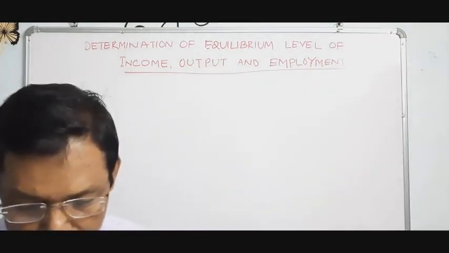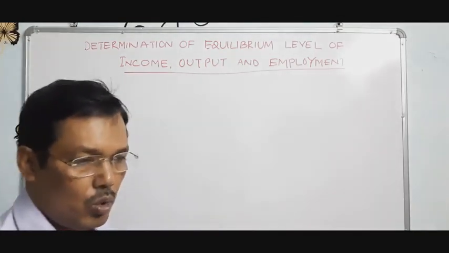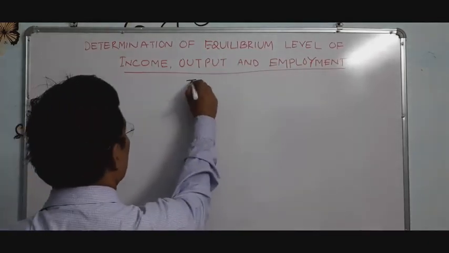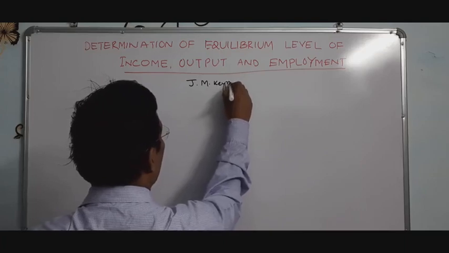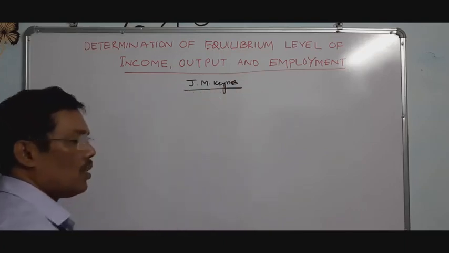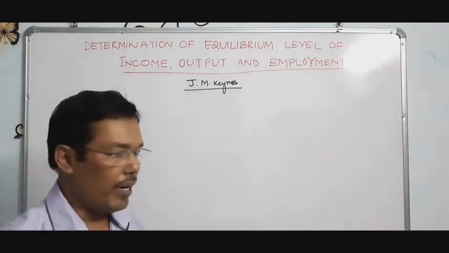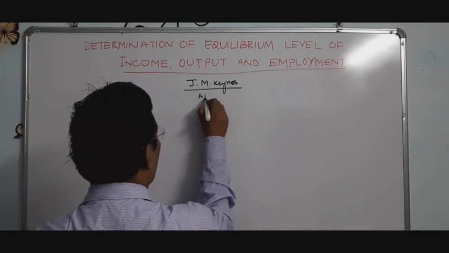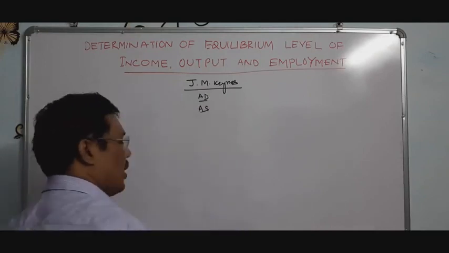Before this, I have already said, according to J.M. Keynes, that the main two components are aggregate demand and aggregate supply.